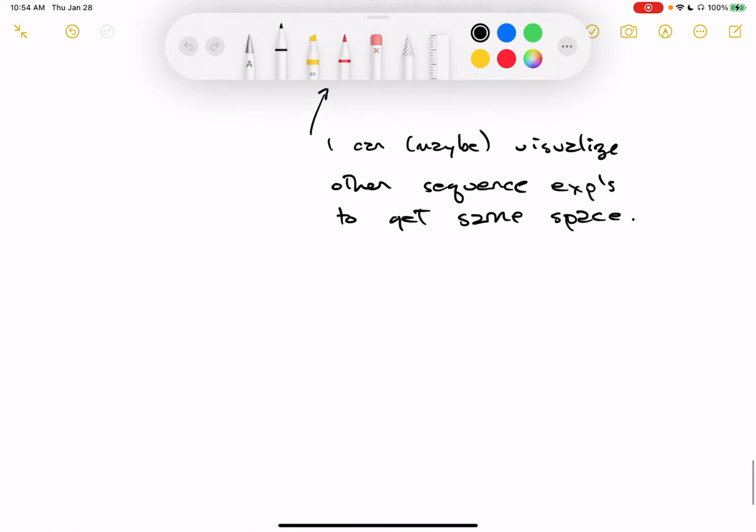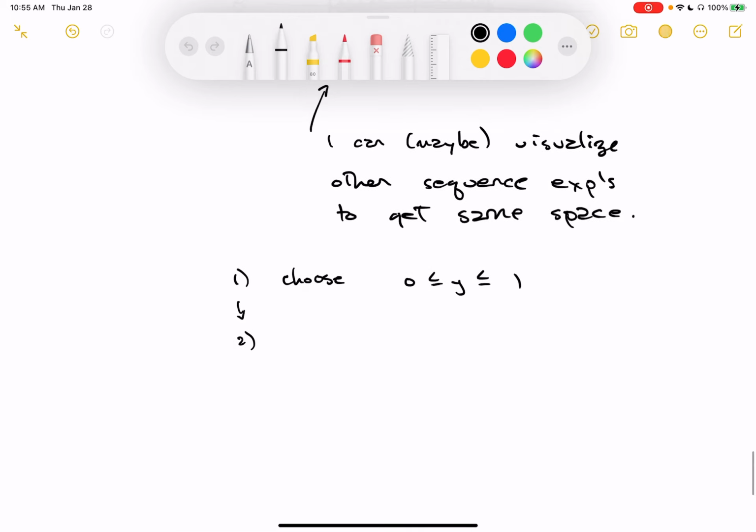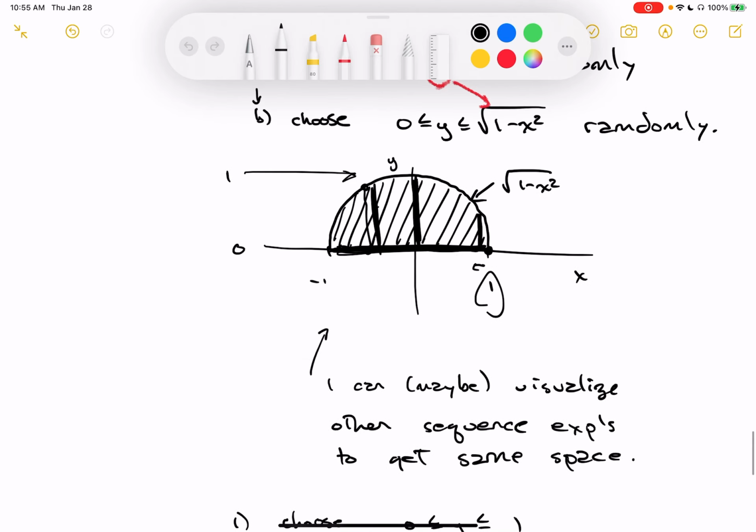So I could consider something like the following. I could choose 0 less than or equal to y less than or equal to 1. I could do that first, and that could lead to a second sub-experiment. I'm going to choose x, and how would I choose x? If I've got a value y, and I'm going to do this in red, x is going to go from this edge over there to this edge over here, which is still defined by that basic equation of a circle.